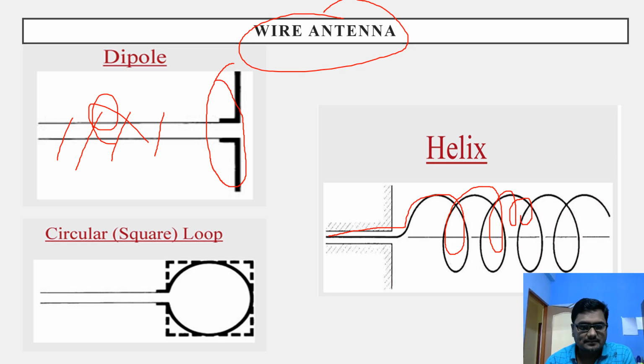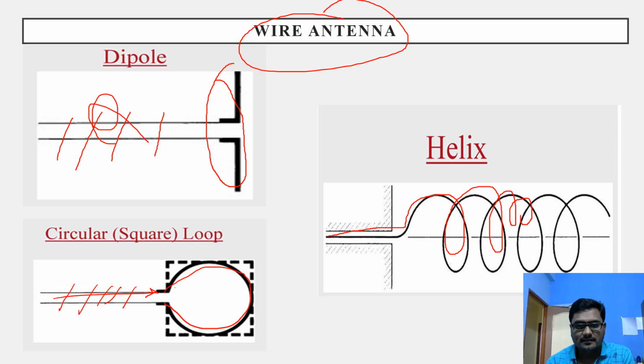Look at this. It is a circular loop antenna. What is this? It's a wire, and this is the transmission line. So the transmission line is feeding signal to the antenna. And what is the actual structure of the antenna? It's a loop.